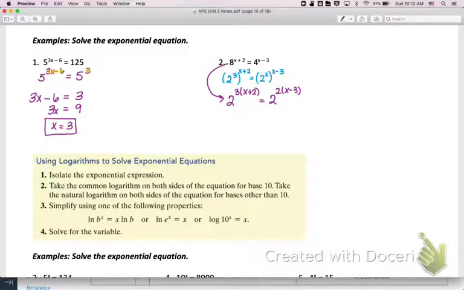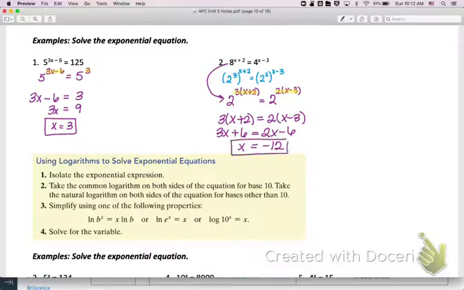Now I have the same base, so what do I know? These powers must be equal to each other. So now I need to solve the equation 3 times x plus 2 equals 2 times x minus 3. First we'll distribute: 3x plus 6 equals 2x minus 6. Subtract 2x, subtract 6, we get x equals negative 12.